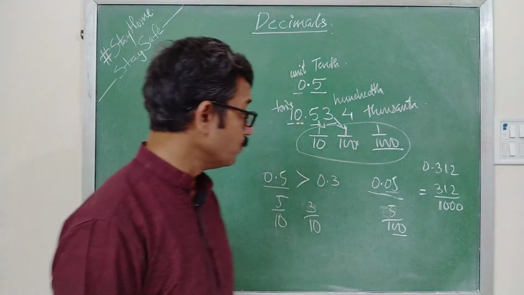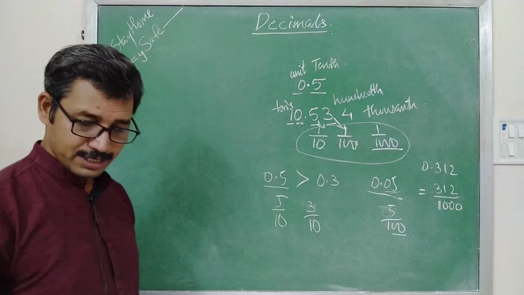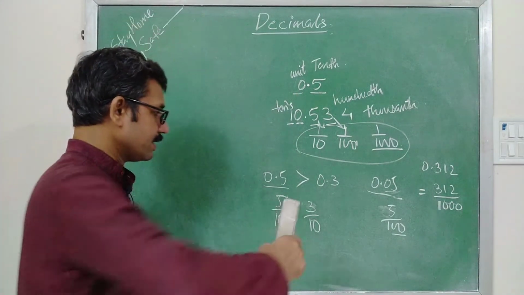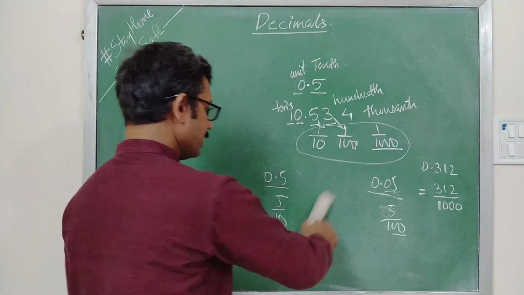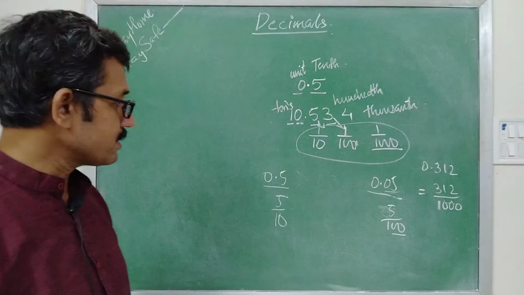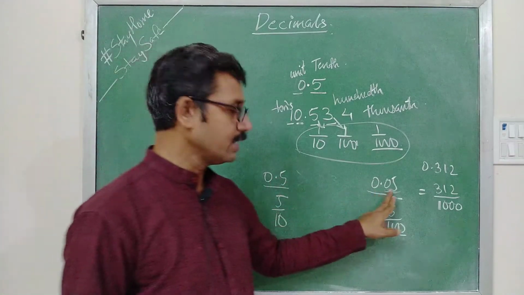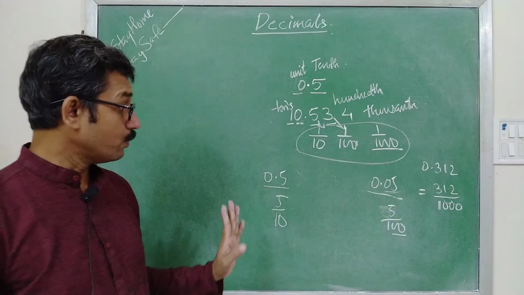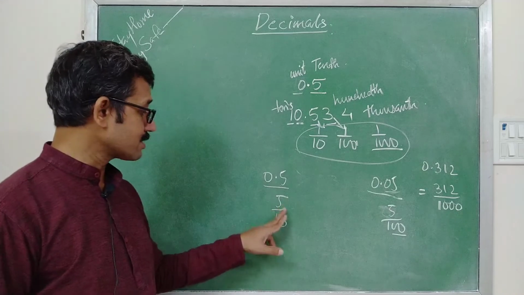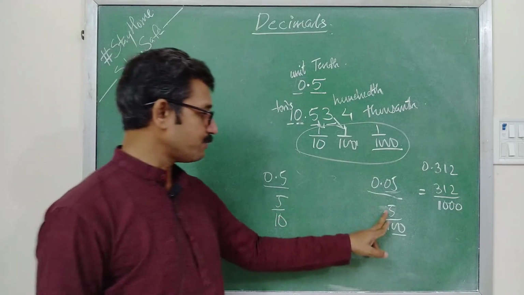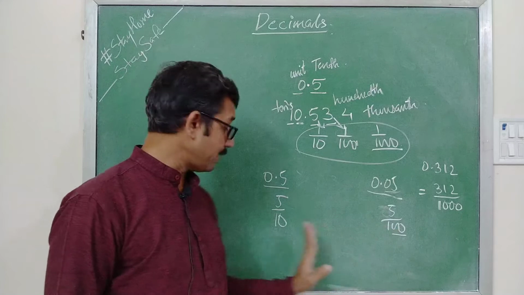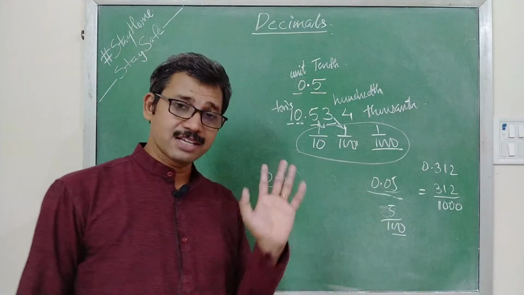Understand? Now one thing, here these two things, you see 0.5 and 0.05. In these two cases, this is 5 upon 10, this is 5 upon 100. Now while comparing this, which is greater?